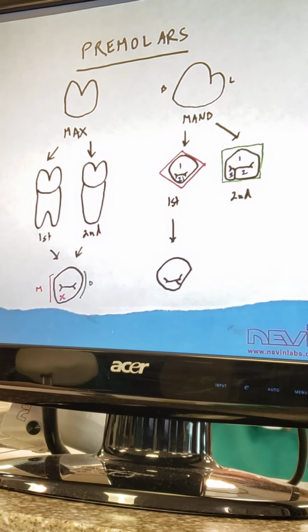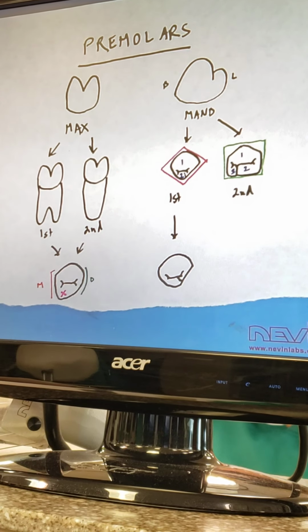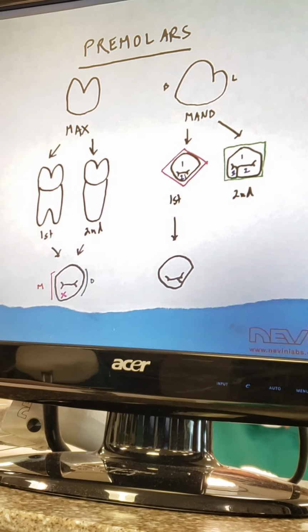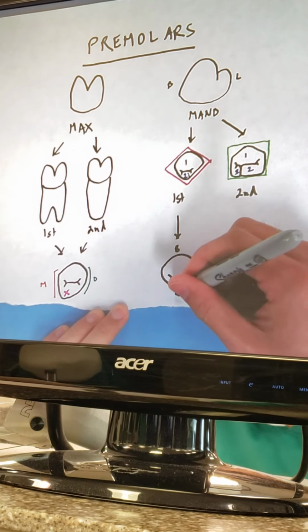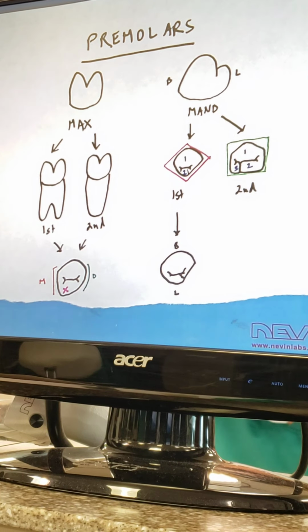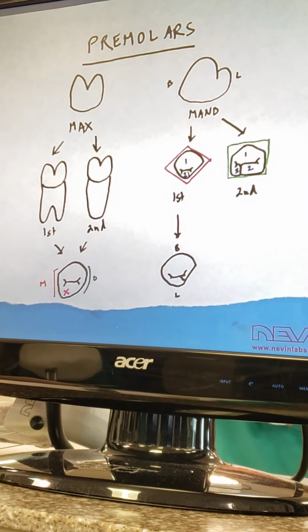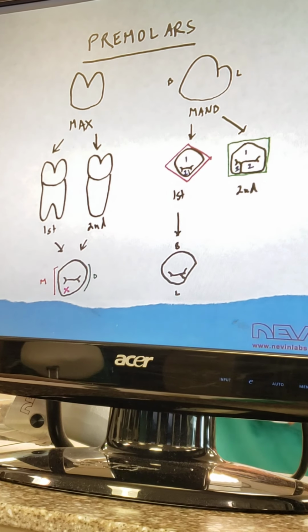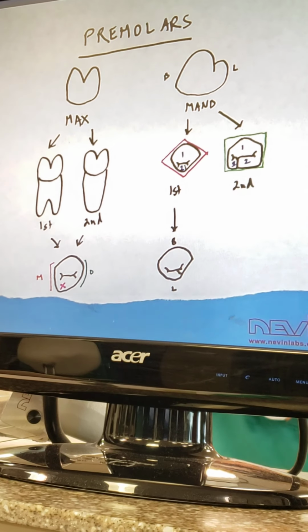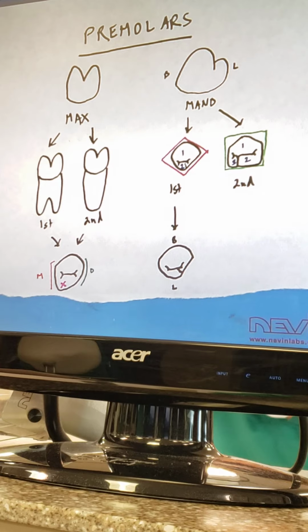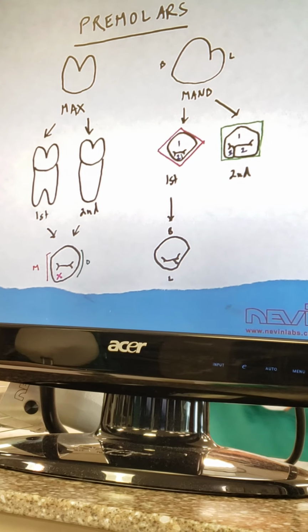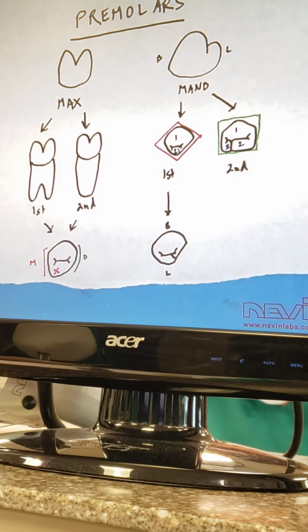Okay, so this is the occlusal view, this is buccal, lingual. The deal with this one is that when you look at it from the occlusal view, you're looking at the lingual half of it, and in fact you're looking at the lingual line angles, the mesiolingual and the distolingual line angle.